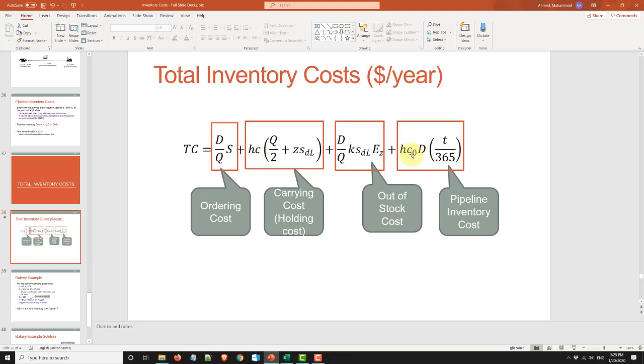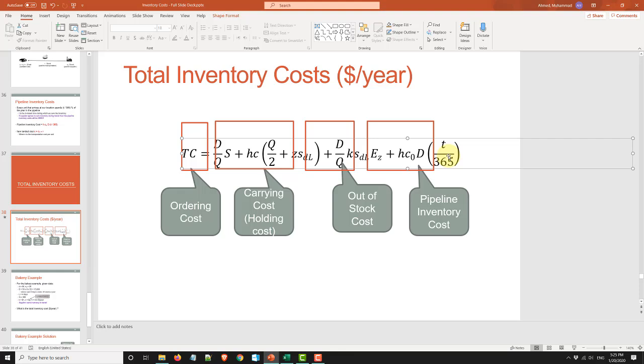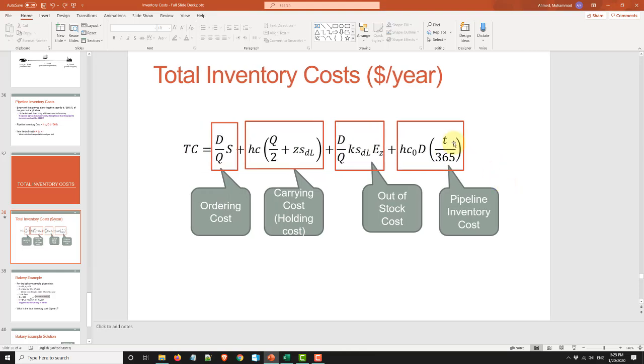So you do H times C naught times annual demand multiplied by what fraction of the year does the item spend in transportation. So T is the transportation time. If it's in days, you divide by 365. If transportation time is in weeks, you divide by 52 because there are 52 weeks in a year. If transportation time T is in months, you divide by 12 because there are 12 months in a year.